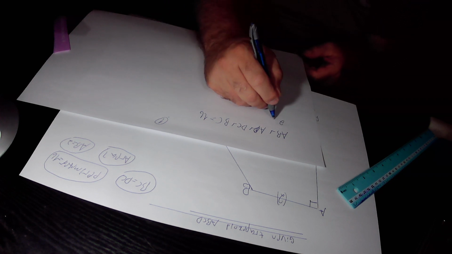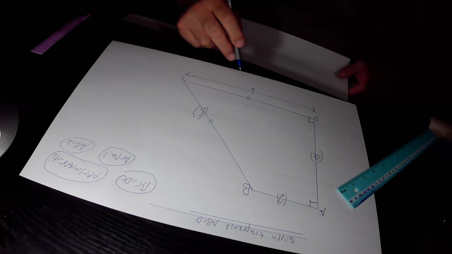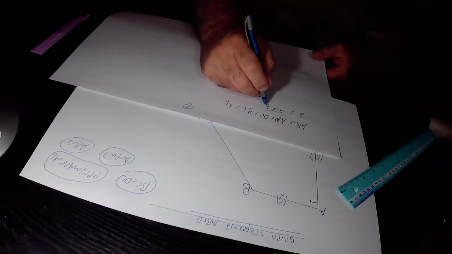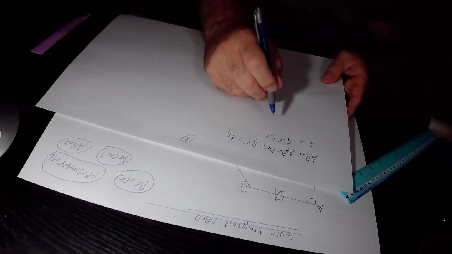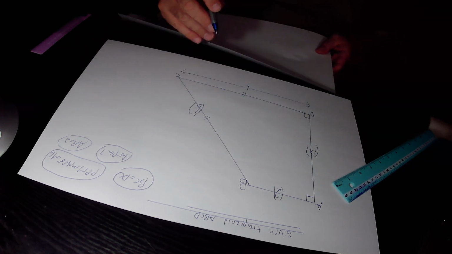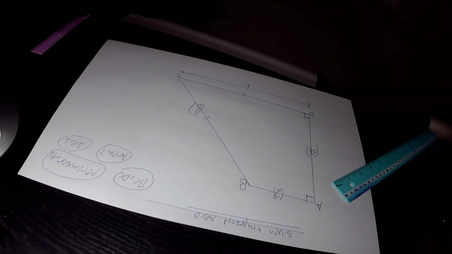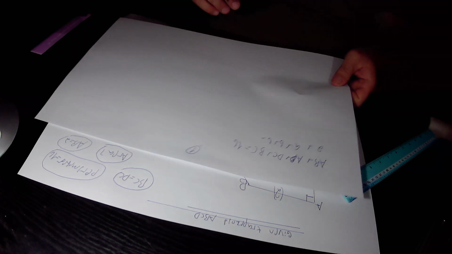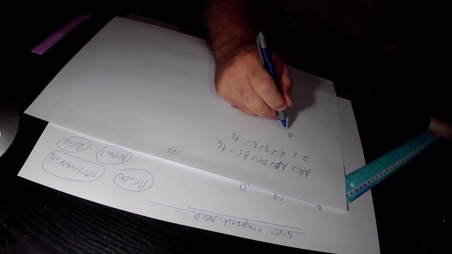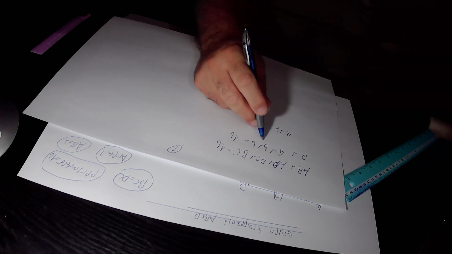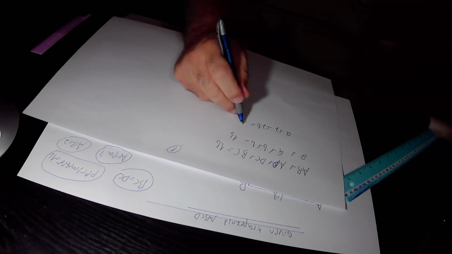AB is 2, plus AD is A, plus DC is B, plus BC, which is also B. So in total, the sum of those four sides of this trapezoid ABCD is equal to 16. So A plus 2, plus B plus B, that is 2B, in total equals 16.